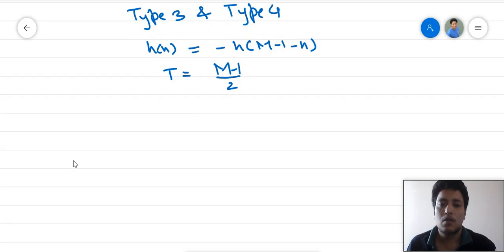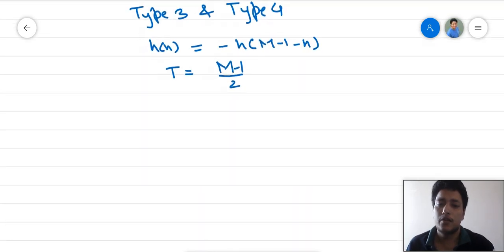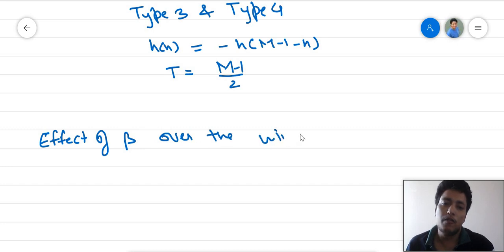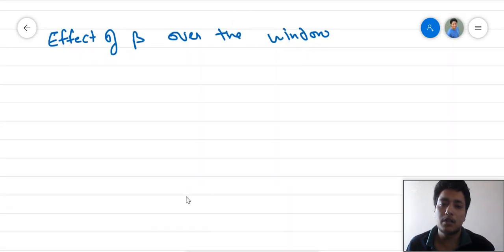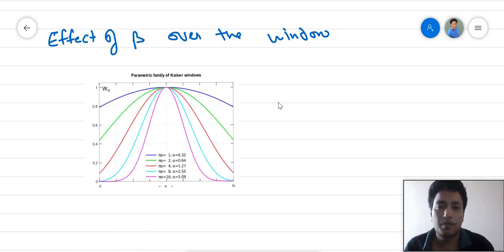Now at last we want to see the effect of beta over the window. We want to just see that particular result, where beta is equal to pi alpha, and one can see as the value of alpha increases, the window main lobe decreases.